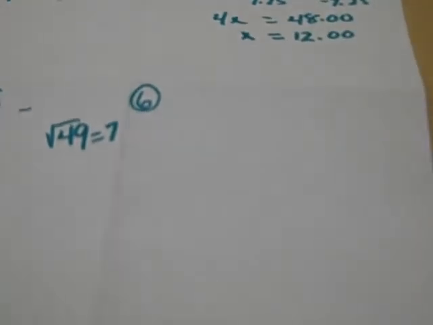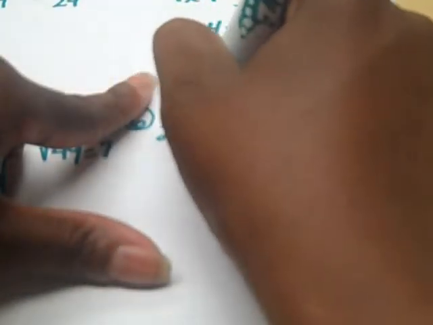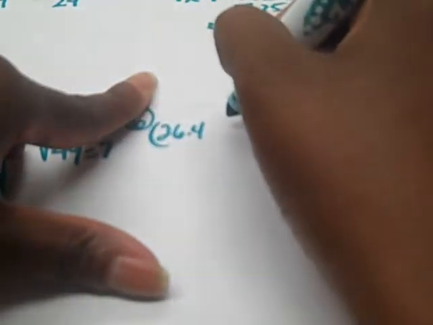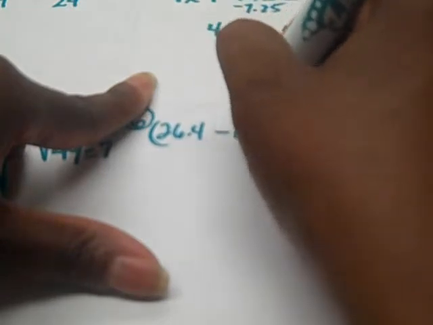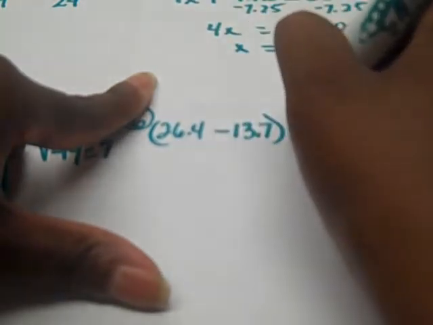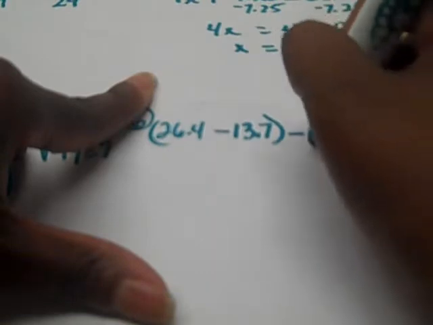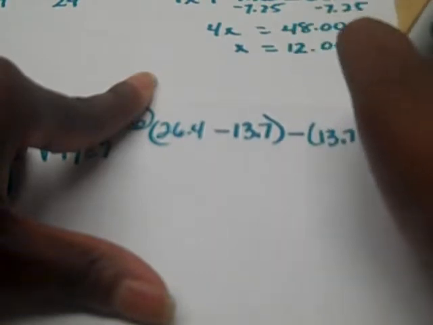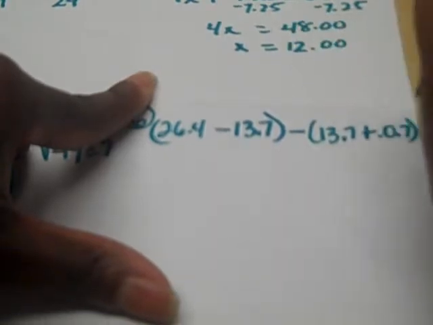Okay, so we'll move on to problem 6 rather. Simplify, and this is what we are to simplify. 26 and 4/10 minus 13 and 7/10 in parentheses, all of that minus, in parentheses, 13 and 7/10 plus 7/10.